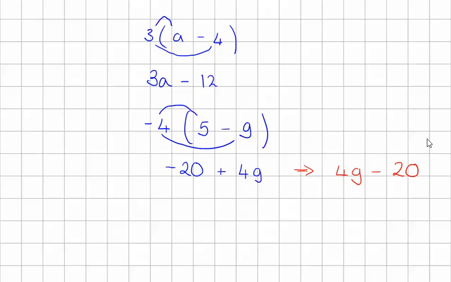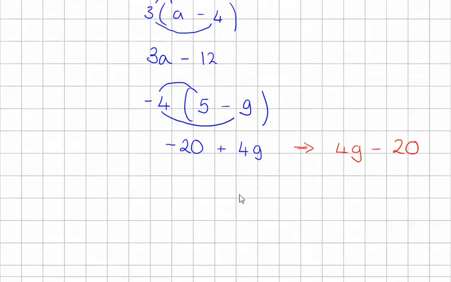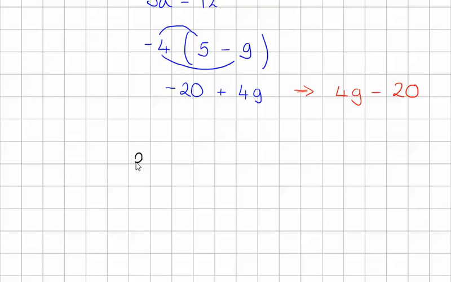So some people do the swap round. It's not different in any way. If it's a negative number, the negative has to go in front. If it's a positive and it's the first thing, it doesn't. Simple as that. So that and that are the same thing.